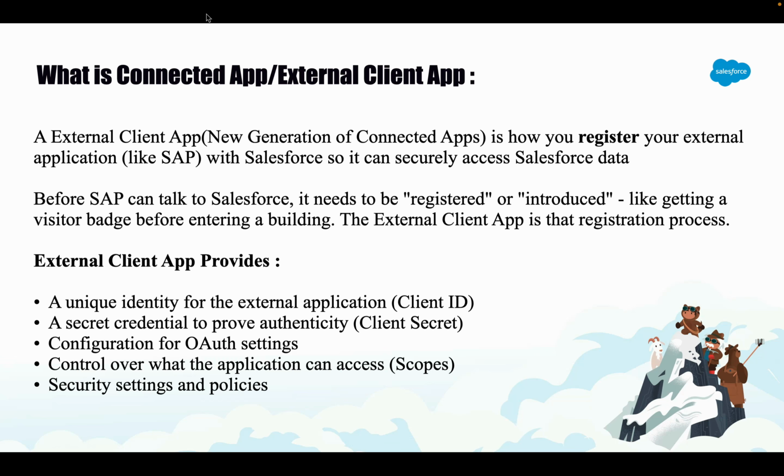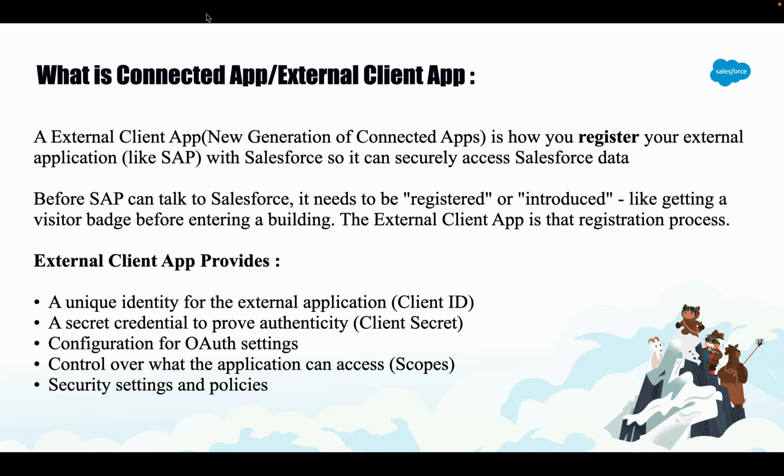We call it client ID. Along with that, it provides the client secret. There are various settings related to OAuth which handle the authentication and authorization. We also control what the application can access with the help of scope, and then there are various security settings and policies which control the overall security.